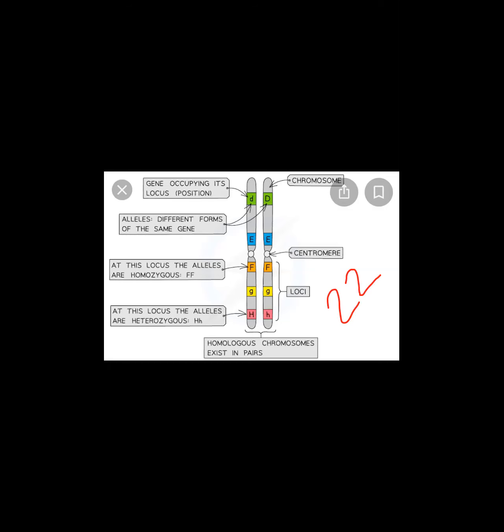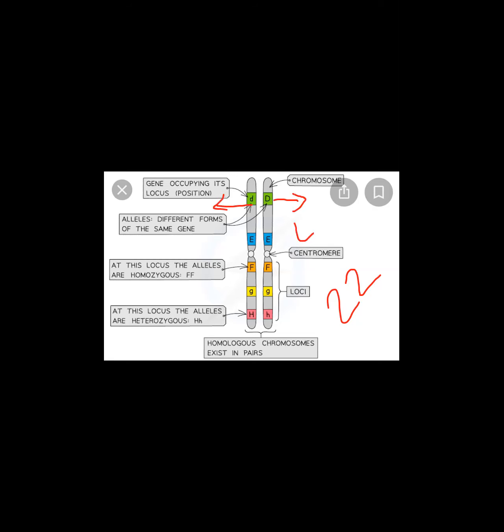Now, in autosomes we have genes, and also in sex chromosomes. Genes are the basic unit of a chromosome, and genes are specialized proteins. In a chromosome, there is a specific location of the gene.